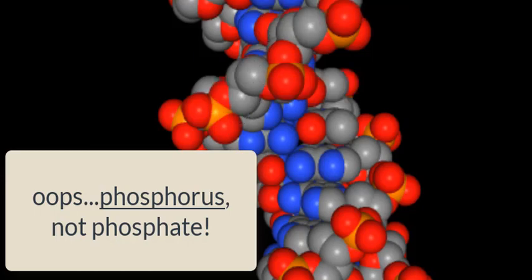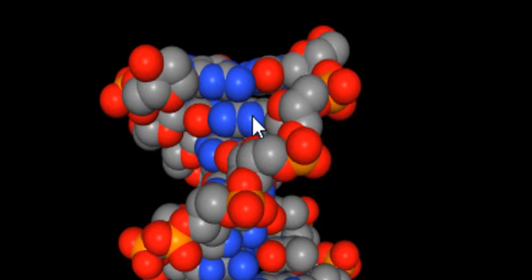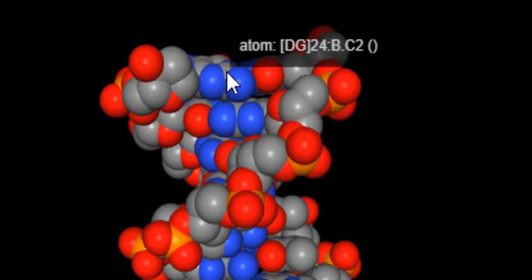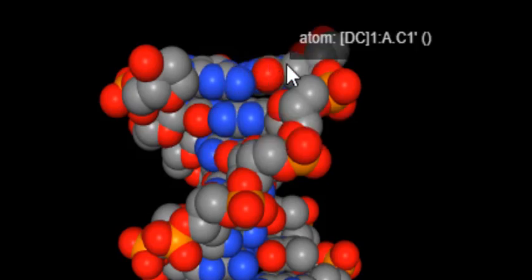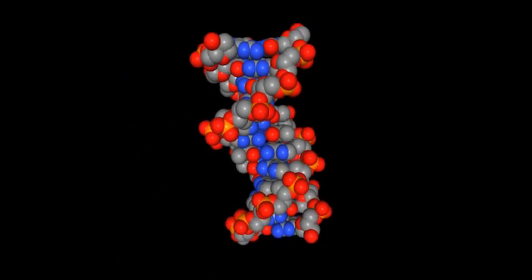And in the middle here, those blue structures are the nitrogen atoms. As we know now, the nitrogen atoms are part of the bases, and they are found right in the middle of the double helix structure. So that's how the strands are kept together.